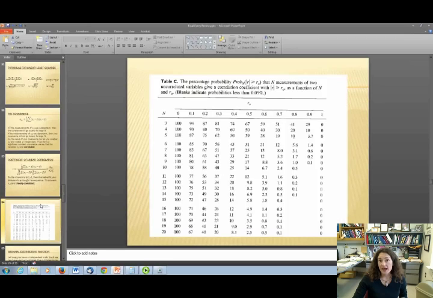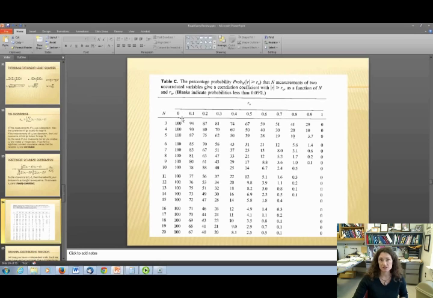You can say how good a fit is by looking for the linear correlation coefficient versus the number of values that you've got. That's table C in your book, okay? And it's important to understand that this gives you the percentage probability that n measurements of two uncorrelated values give a correlation coefficient that large, right? So you can see here, this is the absolute value.